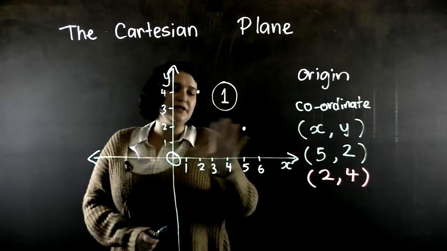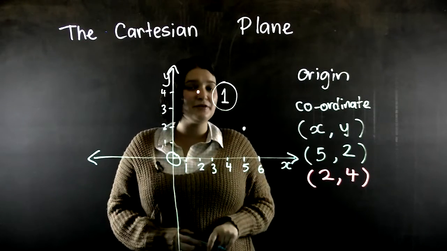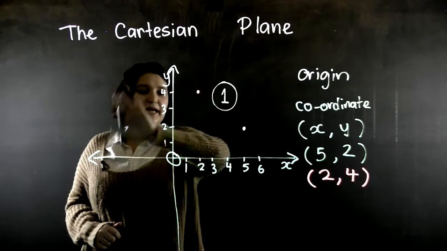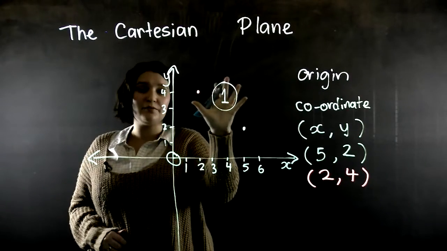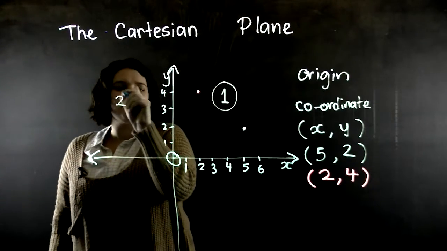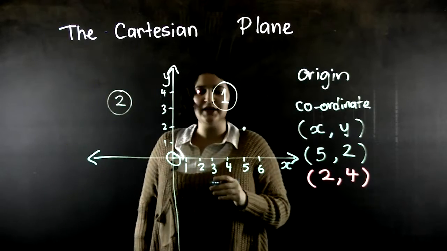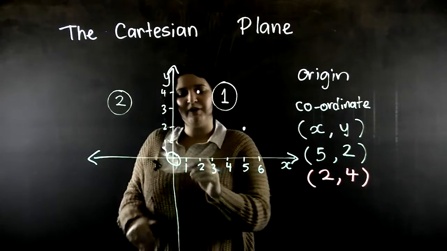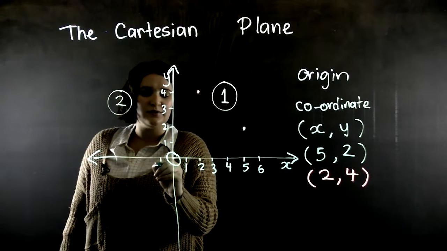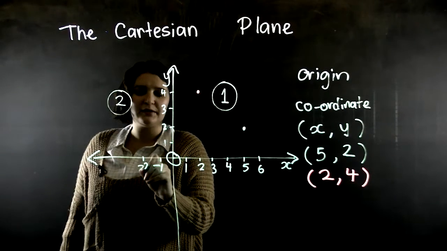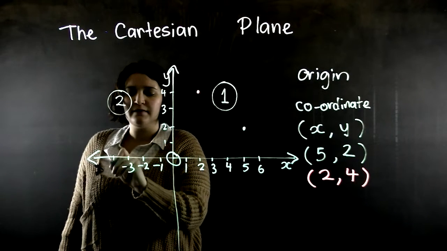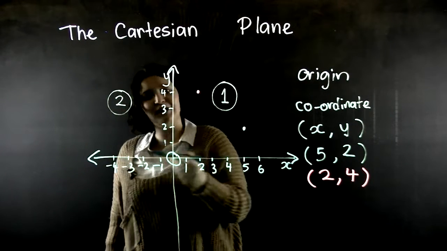So in the first quadrant, both x and y are positive. In the second quadrant, so we're going anti-clockwise here, starting from the positive place, y is still positive, but x goes backwards. So when you did integers this year, you would have gone backwards on the number line. So that's what's happening here.